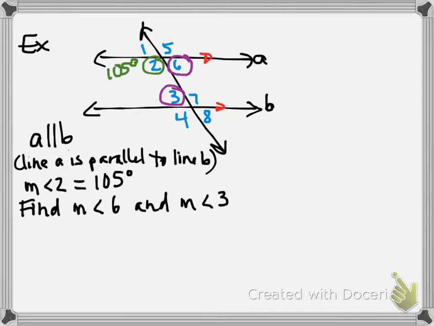Nico? 5, 4, and 7 are 105. Yeah. And tell me why. Because they're perpendicular.